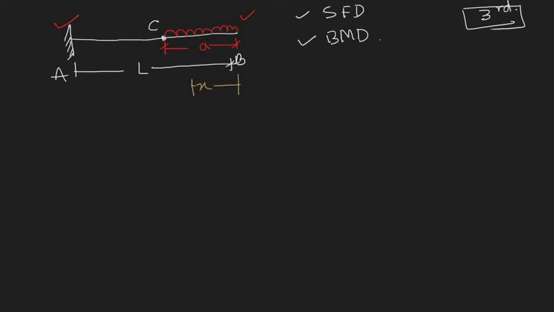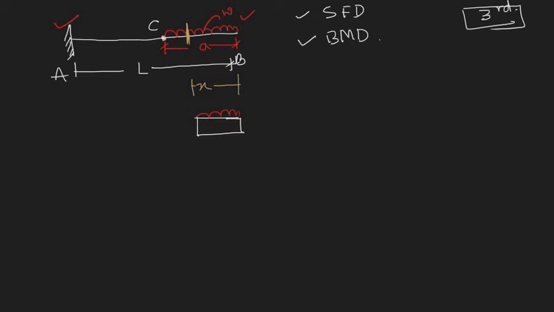This is the section. Now what we have to do first is cut out this part. We have cut out this part, and it is subjected to UDL, by the way the intensity is w, small w.